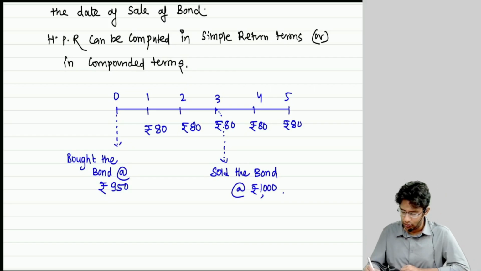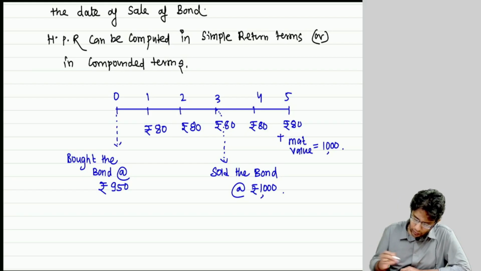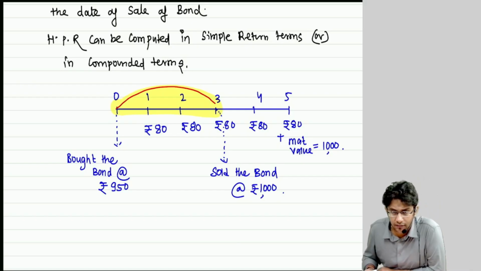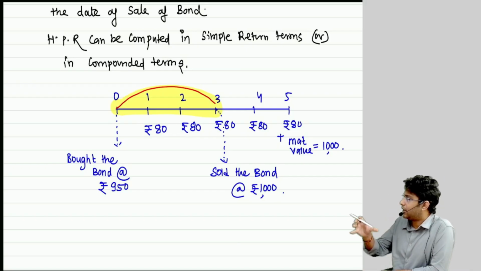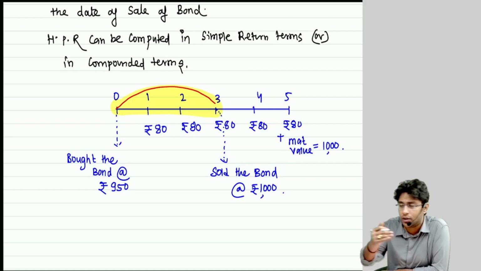So even though the maturity period is 5 years, this fellow held the bond only for a period of 3 years. So if you compute return from first year, second year, third year combined, that is called holding period return, from the date of purchase to date of sale.